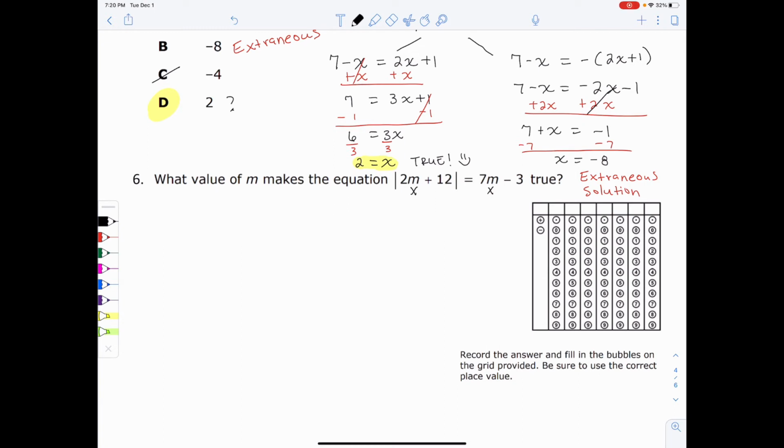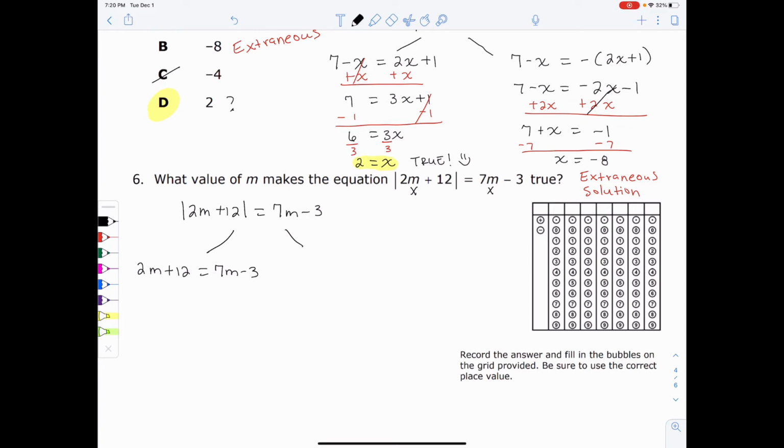The absolute value is already isolated, so it's 2m plus 12. So there's nothing for me to move or clean up. So it means I can start solving already. I can split it and solve. So one equation will be 2m plus 12 equals 7m minus 3.